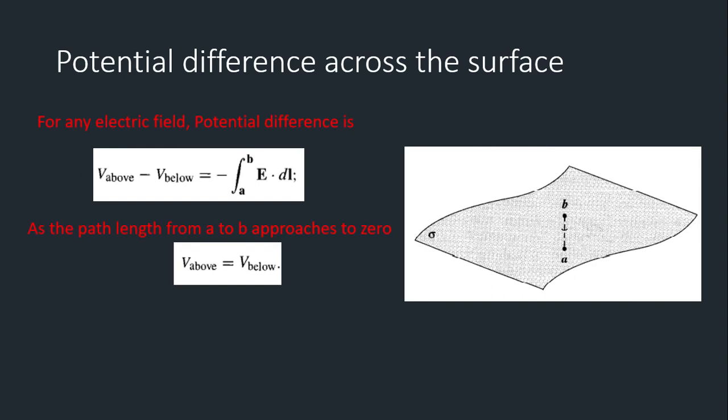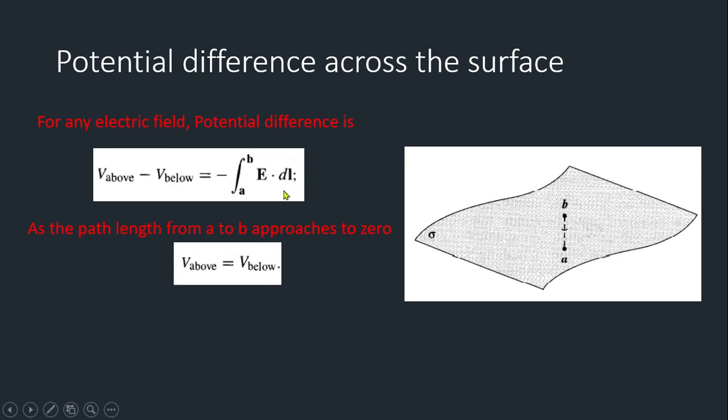Now we discuss the potential difference across the surface. We take this surface having the surface charge density sigma. Below the surface we take a point A, and above the surface we take a point B. We want to find out the potential difference between A and B. So the potential difference can be written as V above minus V below is equal to minus integral A to B E dot dl.